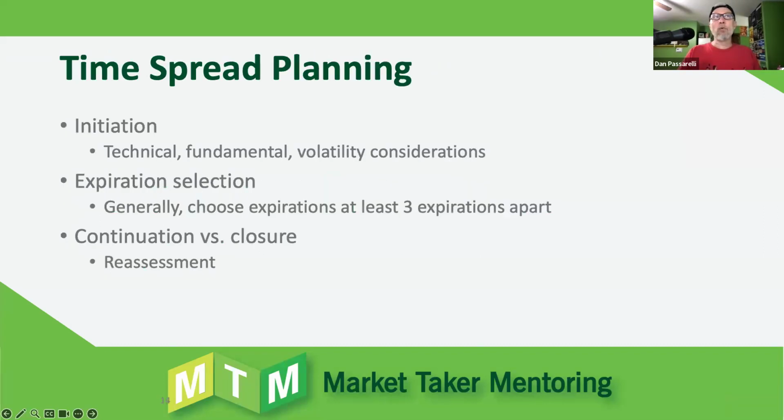So let's talk first about rolling time spreads. When I put on a time spread, I've got to do three analyses. Count them: 1, 2, 3. Technical analysis, fundamental analysis, and volatility analysis.